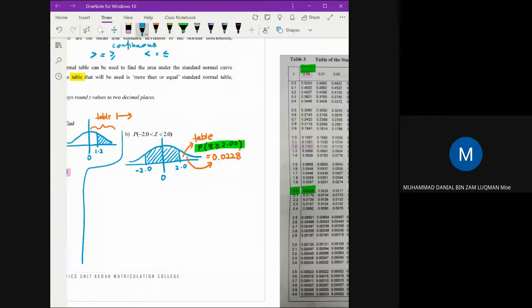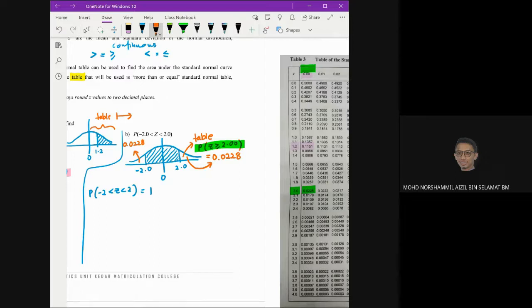Okay. So means that to calculate probability of minus 2 Z to 2, kita boleh guna total 1, betul tak? Total 1. Okay. Yang belah kiri ni berapa guys? 0.0228. Sama juga kan? Kenapa sama? Sebab bentuk bell shape ni symmetrical. Our normal distribution always symmetrical.